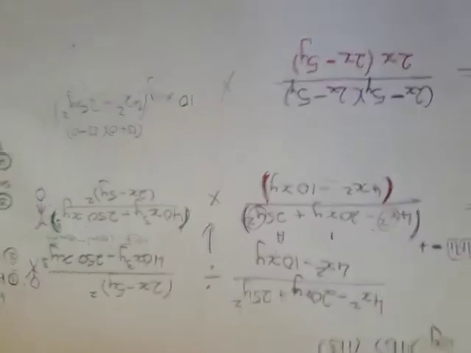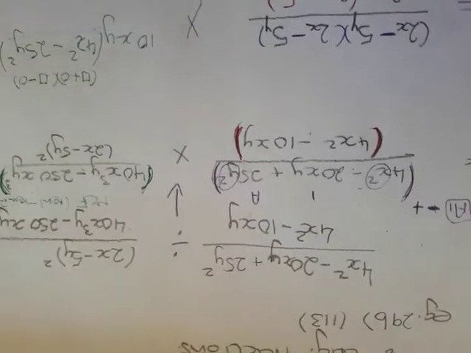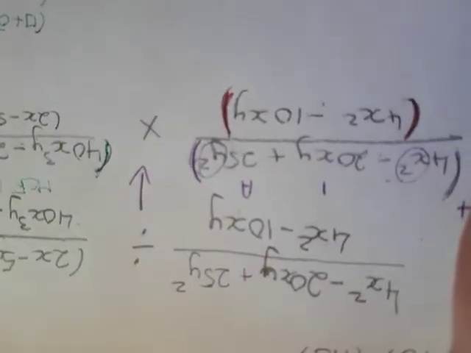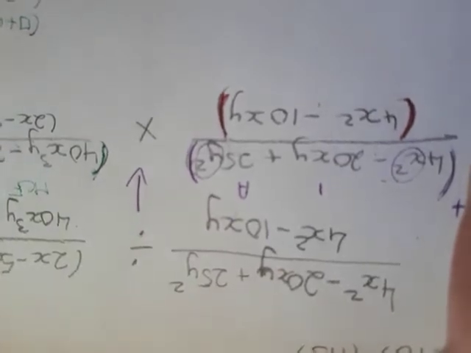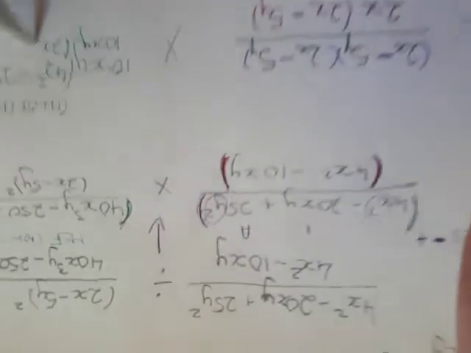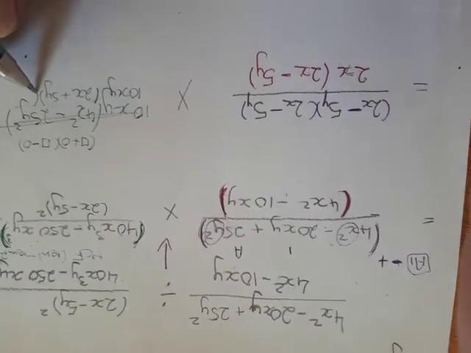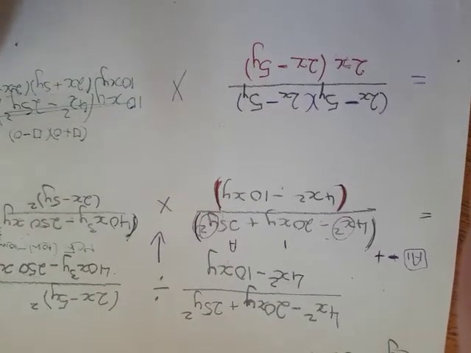So I am now going to factorize that one. I'm not going to spend time, I'm just going to write down my answer. Let me draw a line through here. It will be 10xy, then 2x plus 5y, and another bracket 2x minus 5y.